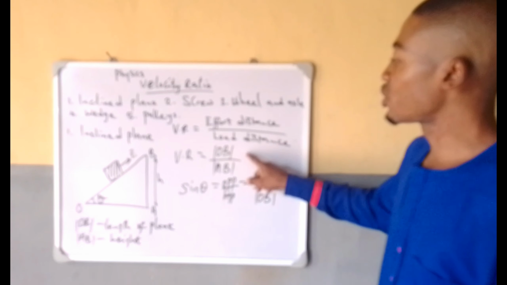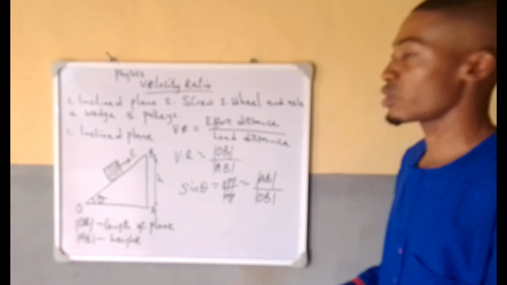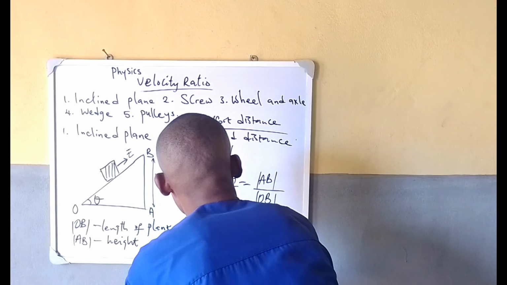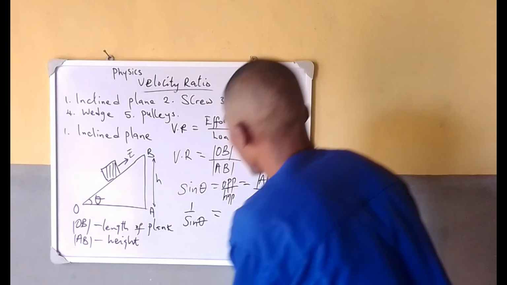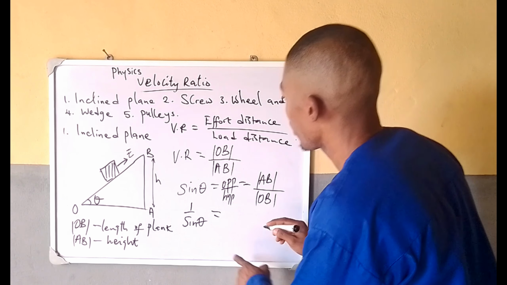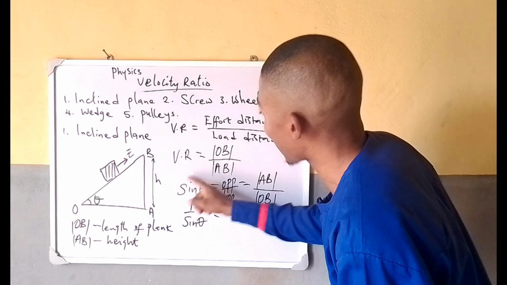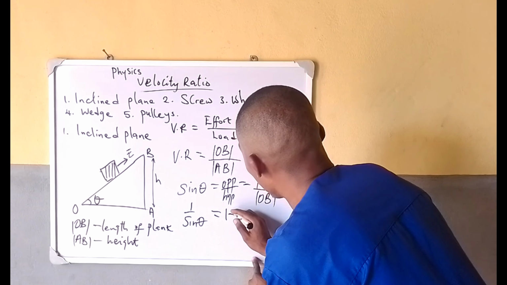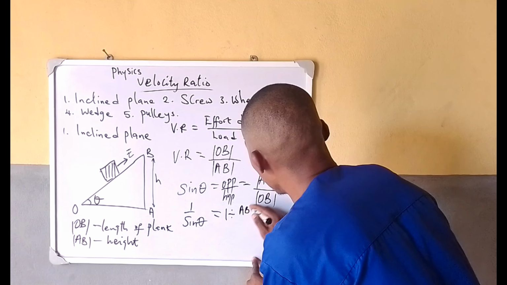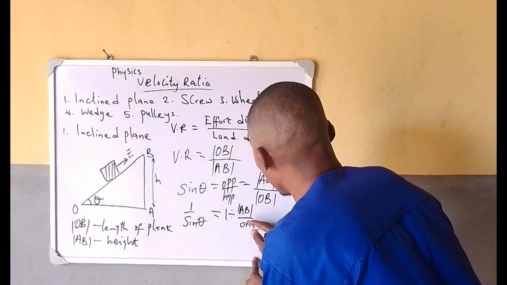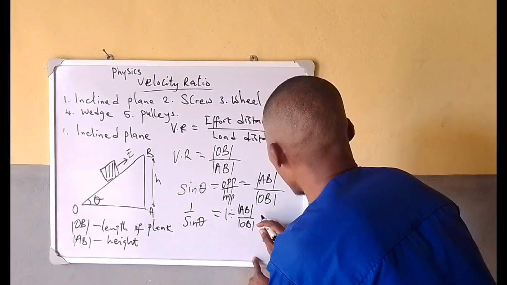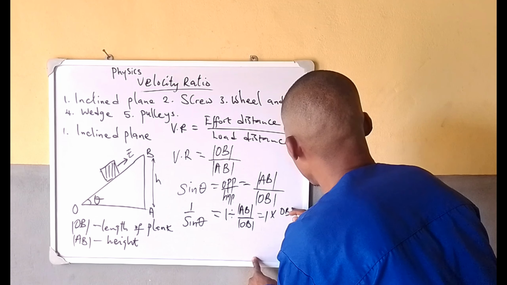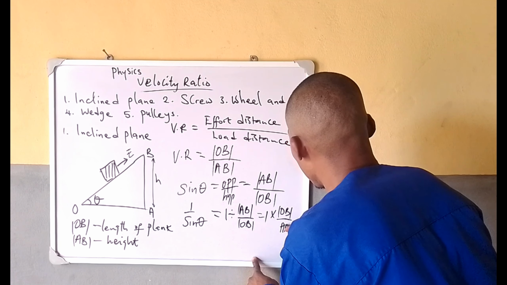In doing that, I'm going to take the reciprocal of sine theta. So I will say 1 over sine theta is equal to 1 divided by AB over OB, which is the same as 1 multiplied by OB over AB.